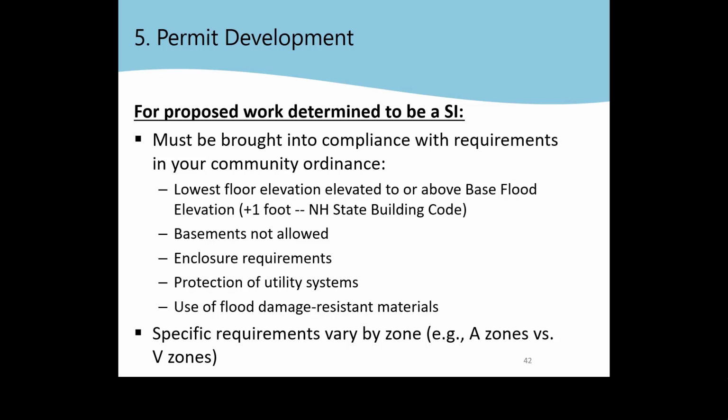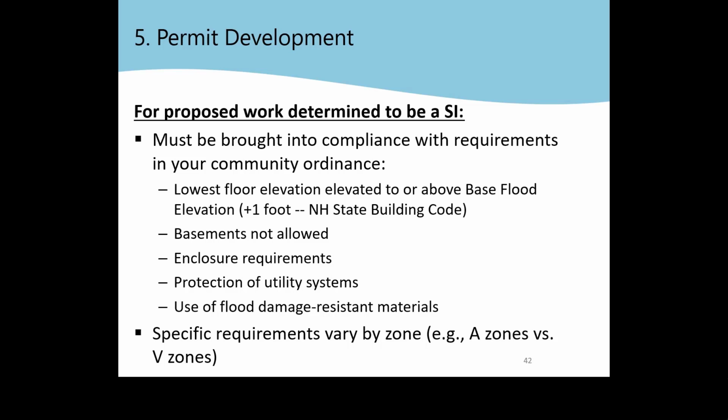There are also specific requirements for certain zones. Certainly if someone has a structure in a V zone that did not have to comply with V zone standards to start with, you're going to be looking at a certain set of requirements, including piers and columns.